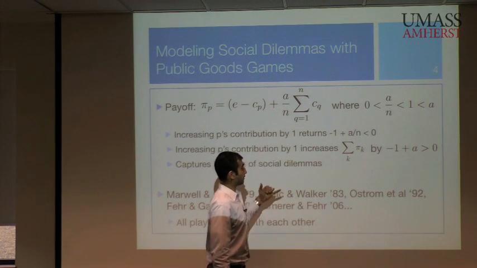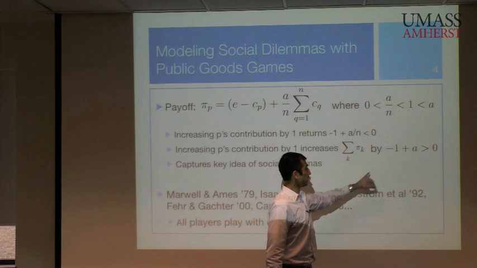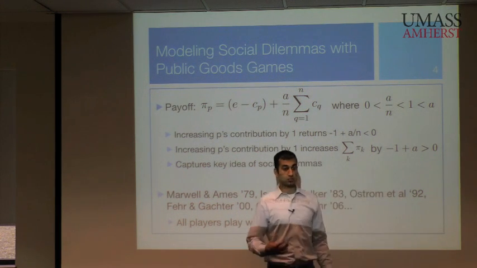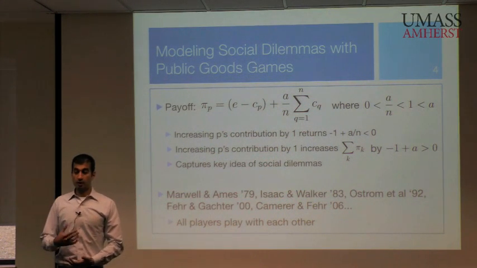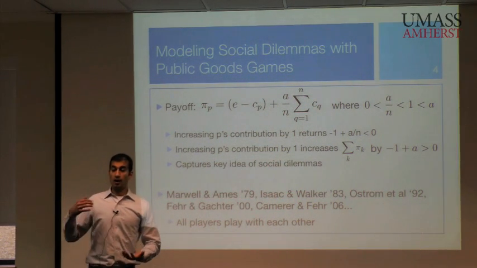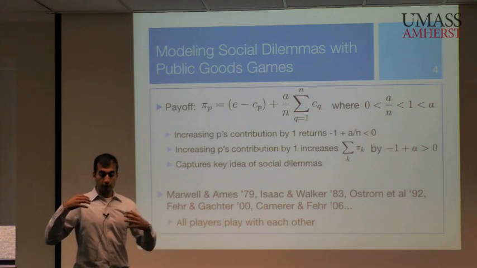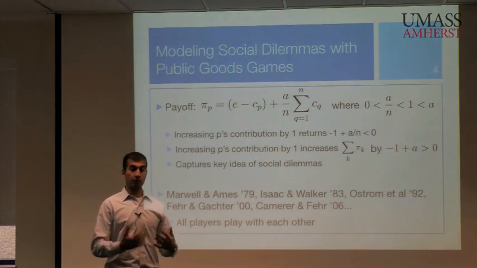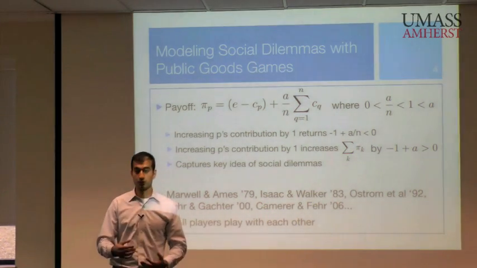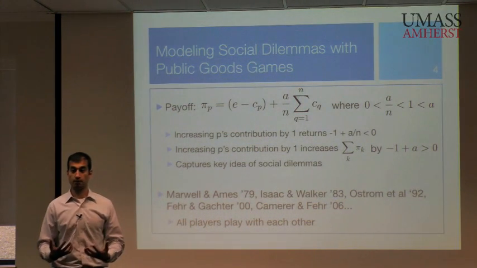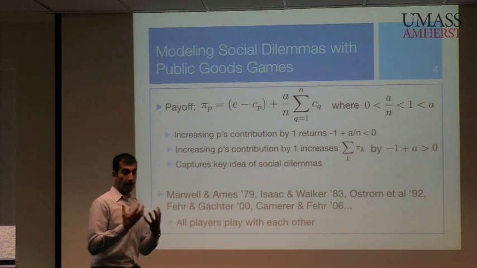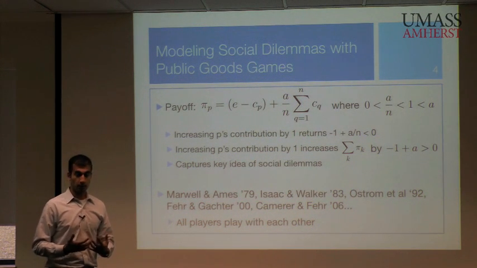So the total amount that the sum of all the utilities goes up is minus 1 plus A, and that's assumed to be greater than 0. So for every unit that player P contributes, the social welfare, the sum of everyone's utilities, goes up by more than a unit. So the best thing for everyone to do, which maximizes the overall welfare, is to contribute fully. And that's how it captures the notion of a social dilemma.